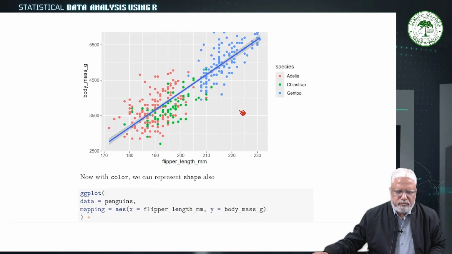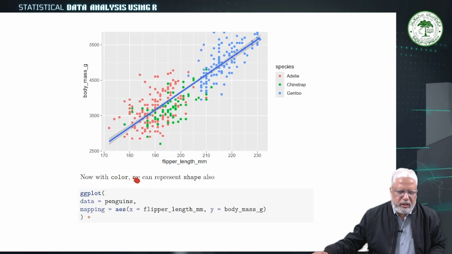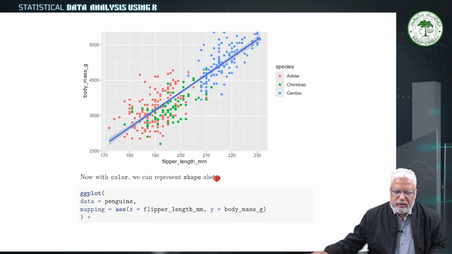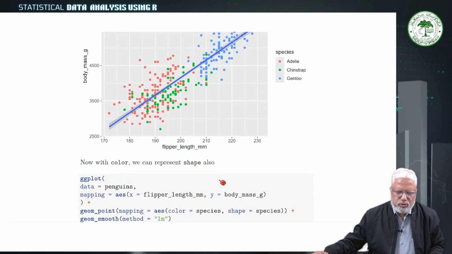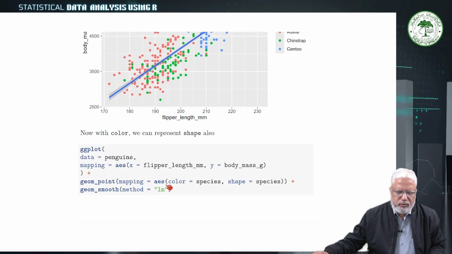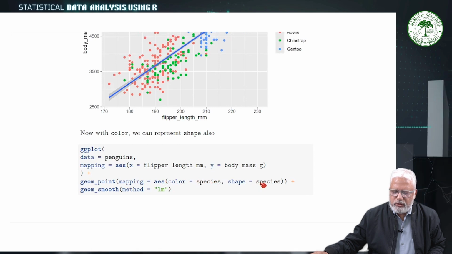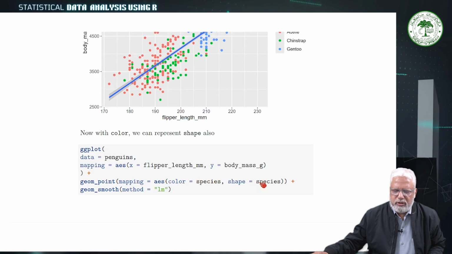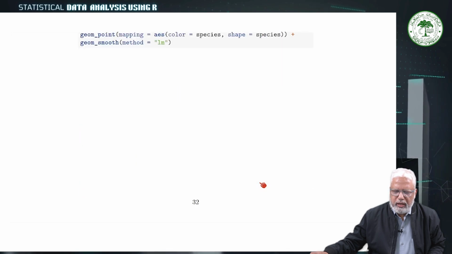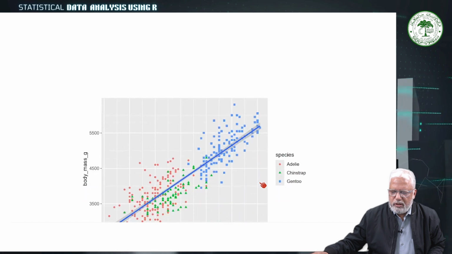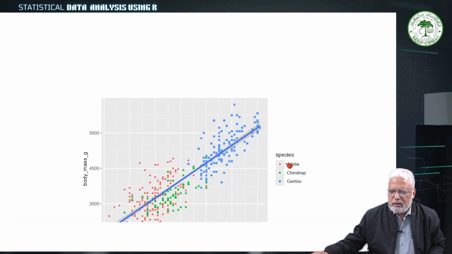So, with color we can represent shape also. Here we have aes color is equal to species and shape is equal to species. So, it has shapes also, and that is why we have species.